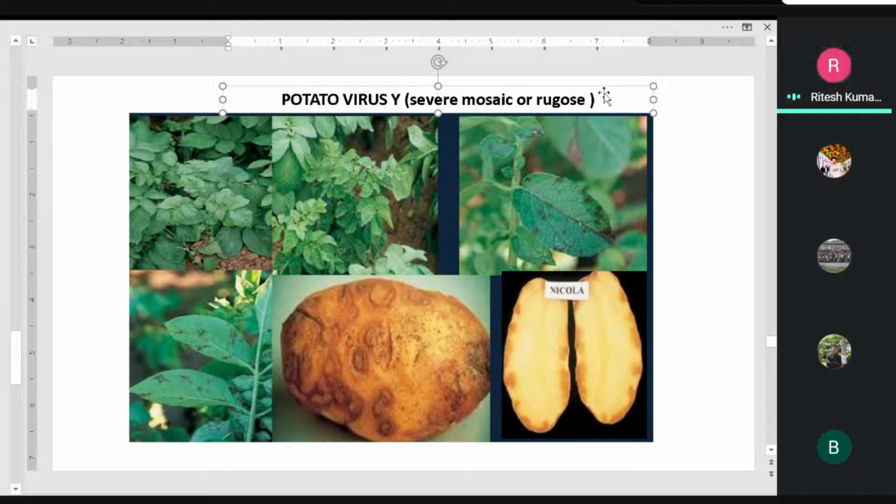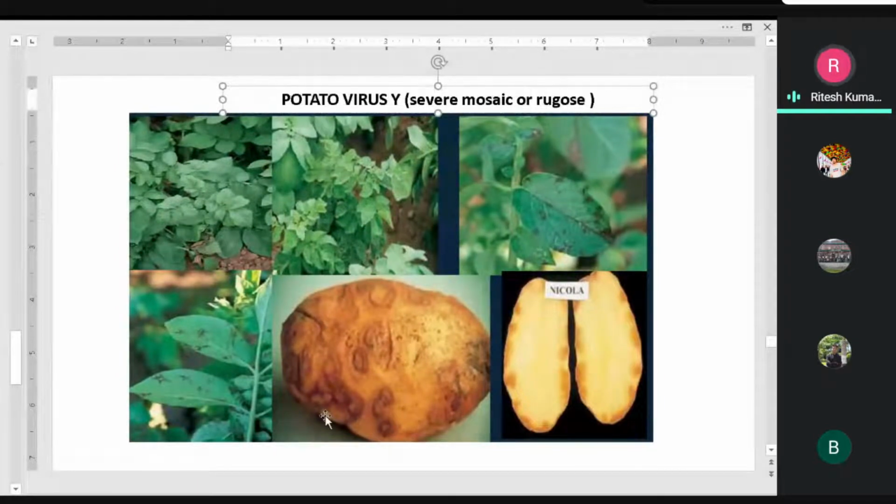So the mosaic is very severe. Generally it is accompanied with potato virus X. If the strain is severe, it causes necrosis along the veins. Initially necrosis is seen along the veins on the leaves, and that becomes some kind of necrotic spot, and this can be seen on the tubers as well.